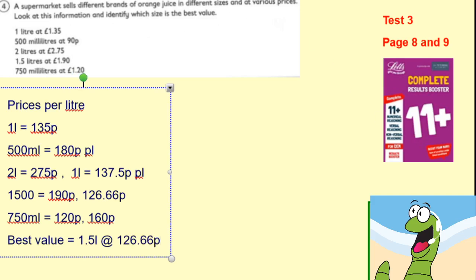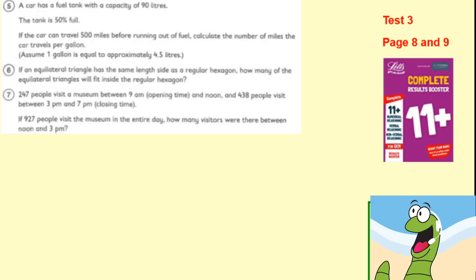Let's have a look at our next question. Okay, question 5. A car has a fuel tank with a capacity of 90 litres.